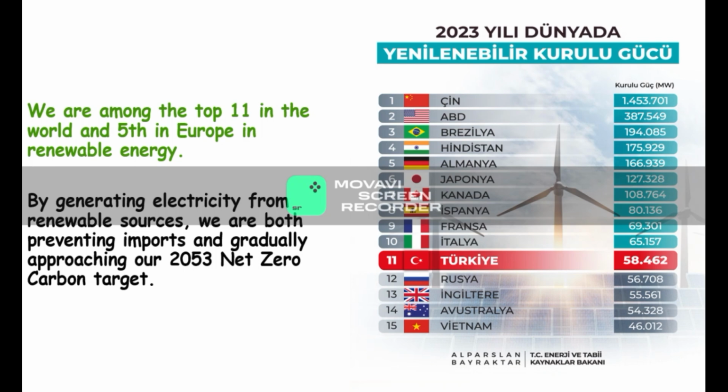Then we have the United States trying to catch China, though the difference is significant, as you can see from the chart. Then comes Brazil at the fourth place. We got India, and the fifth one being Germany here. We surpassed Russia, the UK, Australia, and Vietnam in terms of built-in renewable energy power.